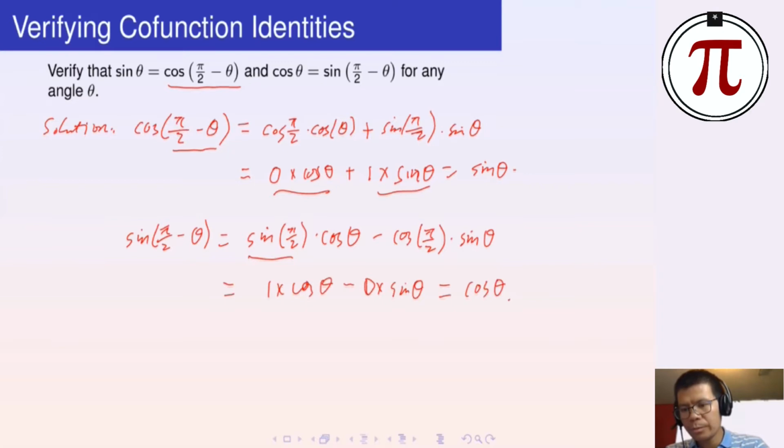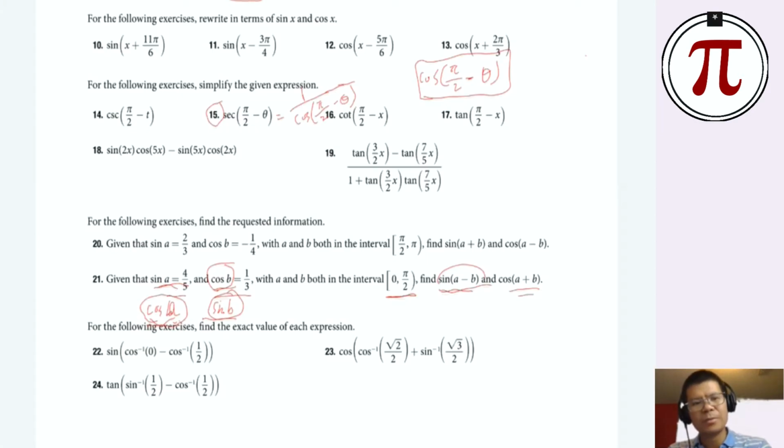Yes? Okay, now let's consider your question here, Salim. Secant of pi over 2 minus theta is 1 over cosine of pi over 2 minus theta. Now cosine of pi over 2 minus theta equals what?